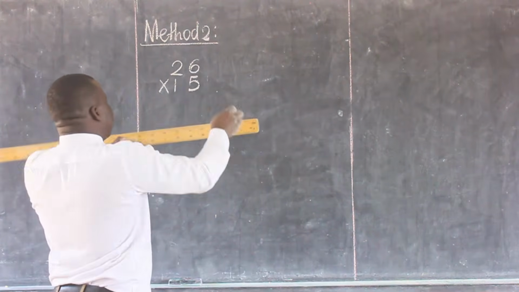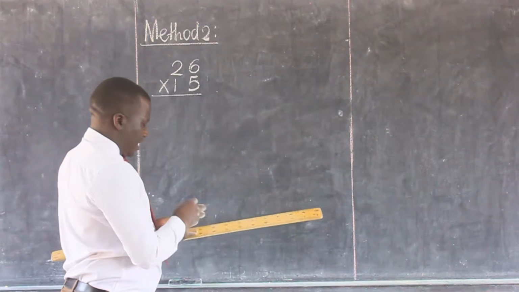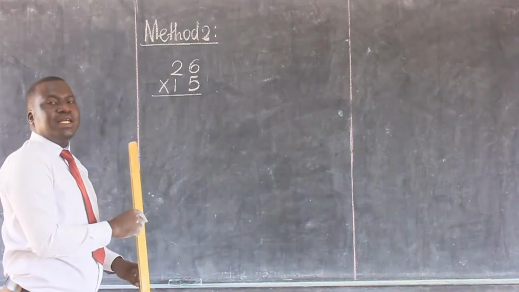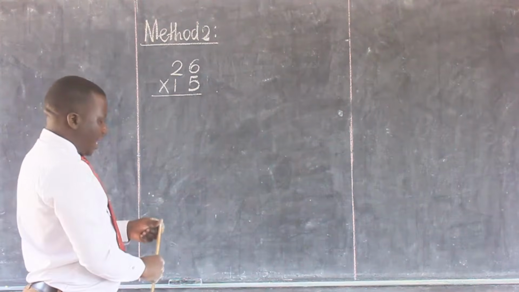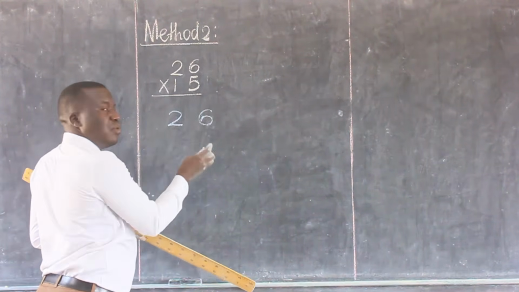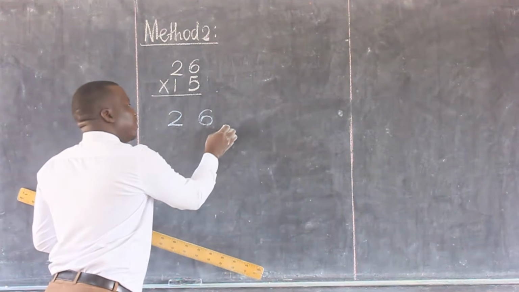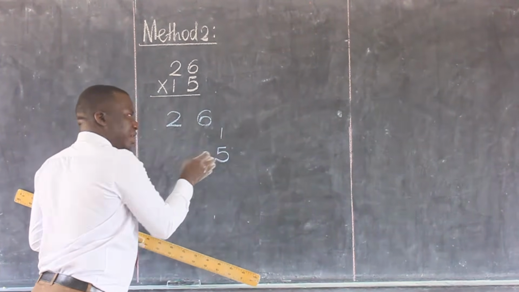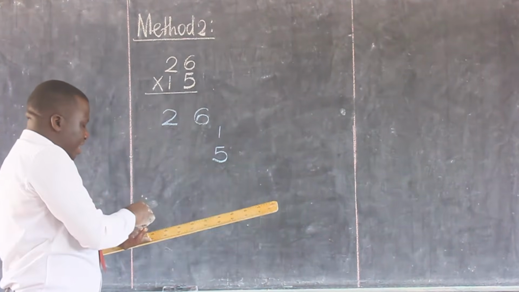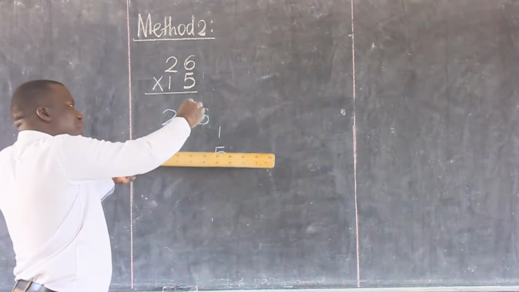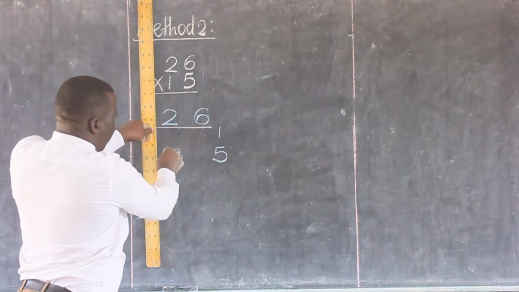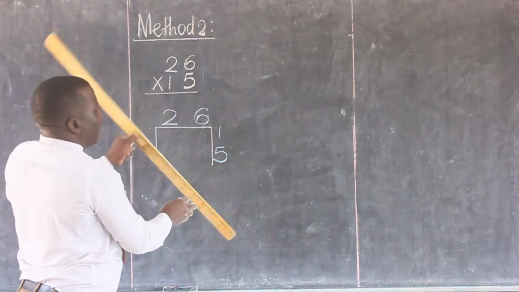And we are saying, when you are using the lattice method, we shall have 26 being multiplied by 15. Are we together? 26 times 15. So in between here, we are going to draw a table. We are going to draw the table here, in between there. Okay?